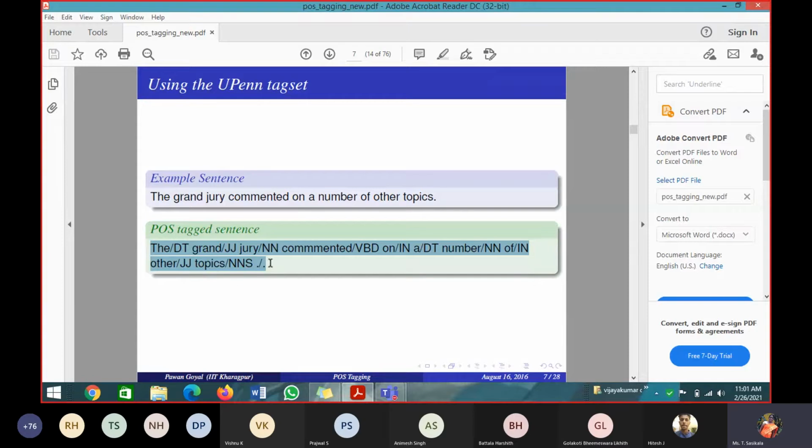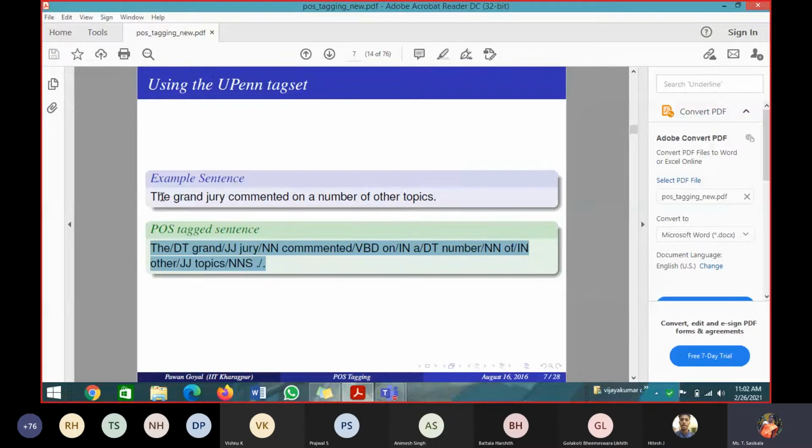If I give only 2 tags, finding which is the correct tag is easy. If I give 5 tags for each word, and how many words are there? 1, 2, 3, 4, 5, 6, 7, 8, 9, 10. 10 into 5, you will get 50 combinations. Among the 50 combinations, how many are the correct combination? Only one.